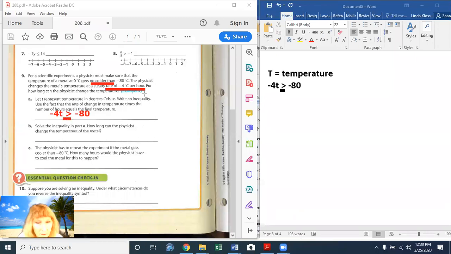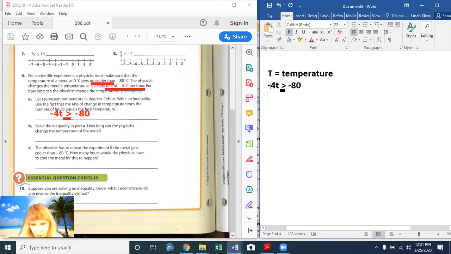Okay. Now the next question says, solve the inequality in part A. How long can the physicist change the temperature of the metal? Let's see. We are going to solve by inverse operations. So we have a -4.